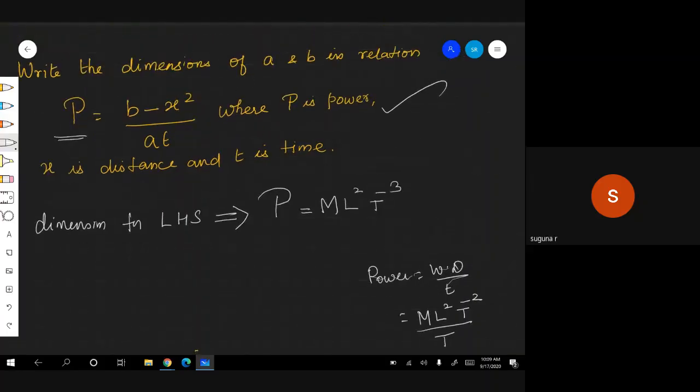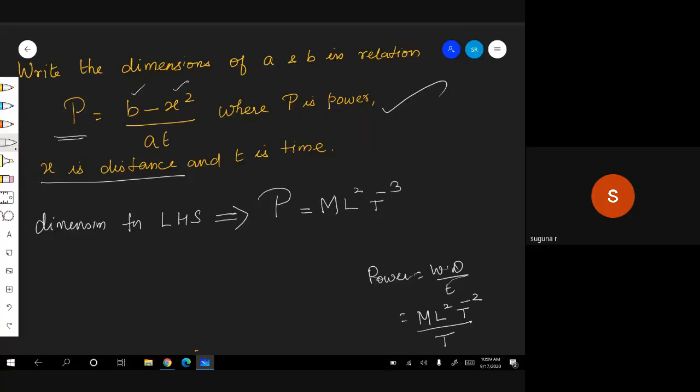Now what you have to do is, see, B minus X squared. What is the dimension for B minus X squared? I am subtracting X squared from B. But X is nothing but distance.